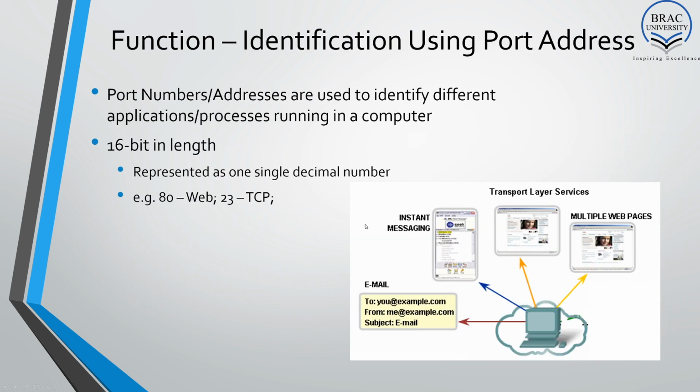And then we go to the next function, which is the identification using port address. As I said, your PC runs thousands of processes right now. We need a way to identify these processes in a very proper way, right? So what it does is it adds a unique ID to each of those processes.